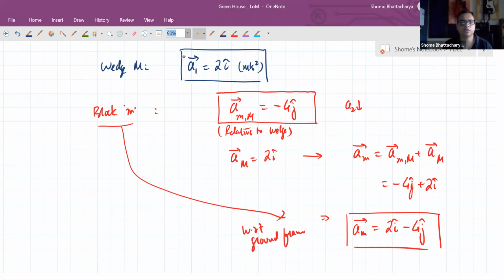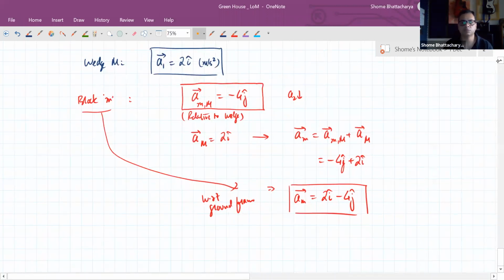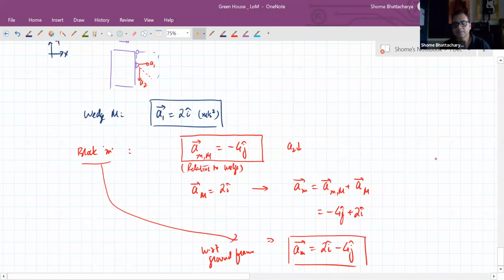I'll show that to you in a vector diagram also, so things will be easier to understand. So what is happening is that this is a2 equal to 4. This is the acceleration of the block with respect to the wedge. This is on this side.